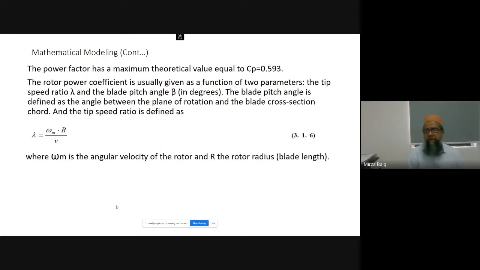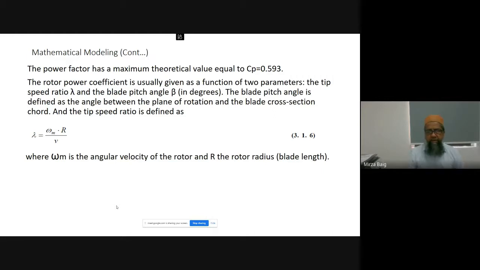The power coefficient is Cp, and theoretically you can get 0.593, which means that 59.3% of the wind can be converted into power, which can be translated into electrical power.